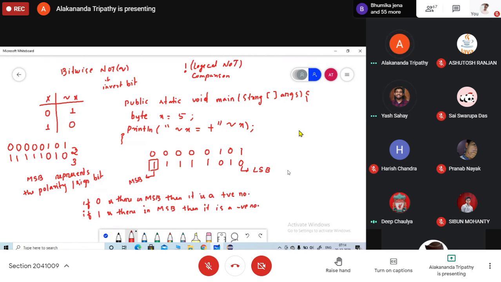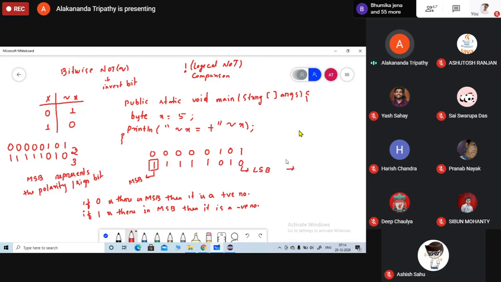Next point, important point. Negative numbers are stored in the two's complement method.